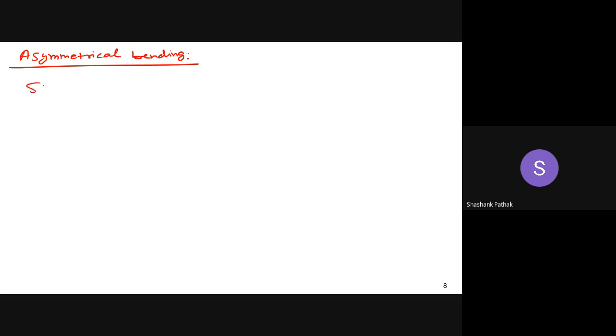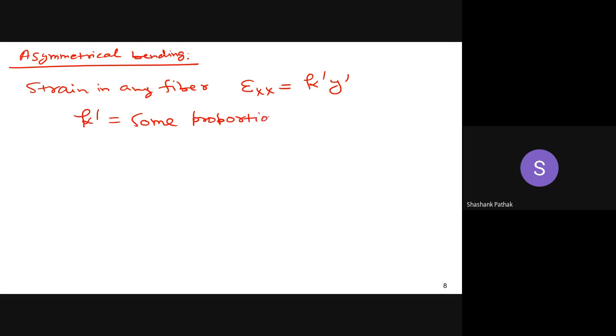So strain in any fiber can be written as epsilon xx equals k prime y prime, where k prime is some proportionality constant.